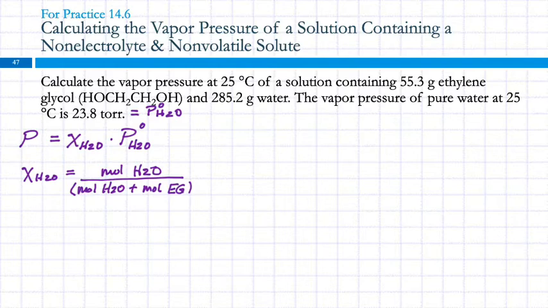So I've got 55.3 grams of ethylene glycol. I can convert that to moles using the molar mass. So that looks like 2 carbons and 2 oxygens and 6 hydrogens. 62.068.